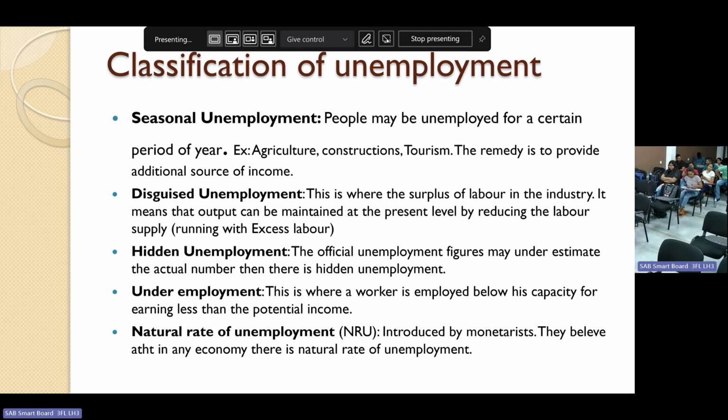People may be unemployed for a certain period and become employed in other periods, especially in particular areas.